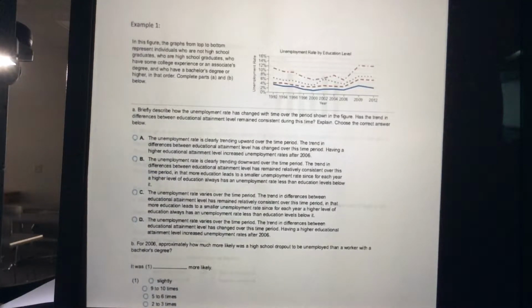In this figure, the graphs from top to bottom represent individuals who are not high school graduates, who are high school graduates, who have some college experience or an associate's degree, and who have a bachelor's degree or higher. Here we're going to complete parts A and B below.